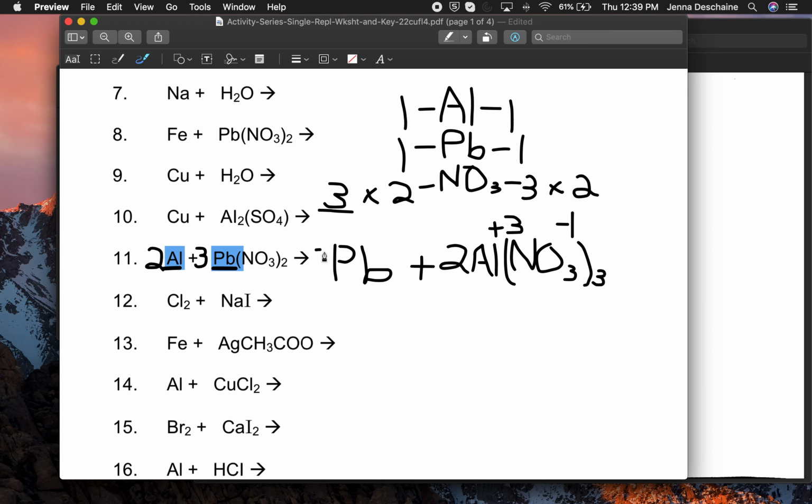So I'm going to add a 3 right here. All right. So this would be the final answer of this problem. Okay. So it's 2 aluminum plus 3 lead nitrate, and that makes 3 lead and 2 aluminum nitrate, okay?